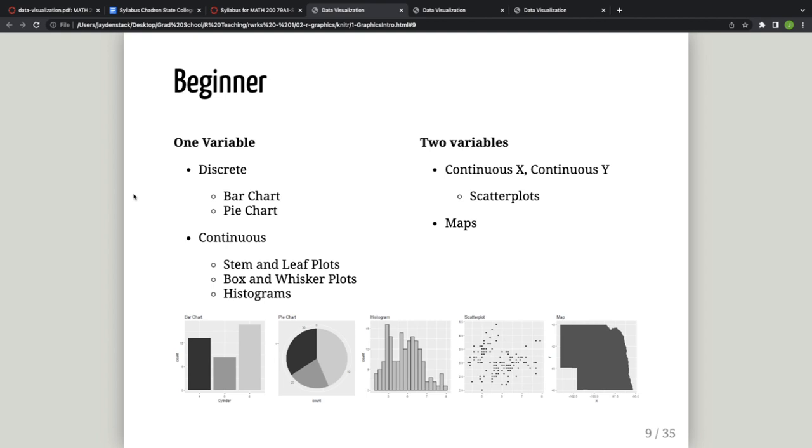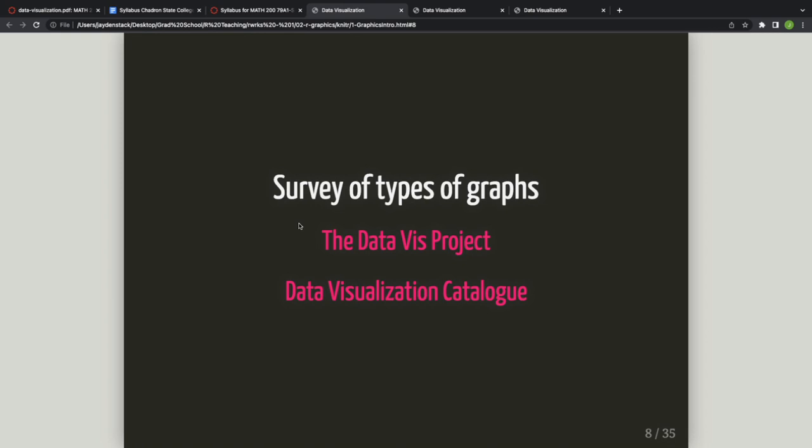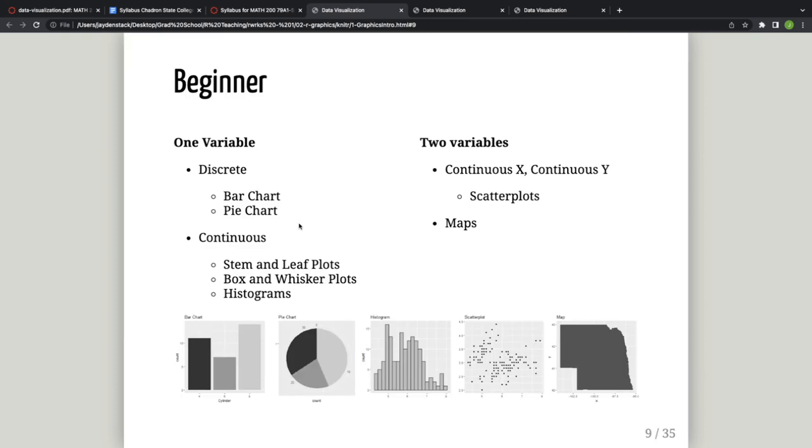Maybe you're looking at two variables. That's going to be your scatter plots. We just looked at one. Maybe some maps as well. But it's useful to know all the different types of graphs that are out there just so we understand what we can accomplish and what we can actually utilize to convey that information that we have at hand. Again, I implore you to take a look at the DataViz project and data visualization catalog. It has a lot of really great, useful tools in there for you.